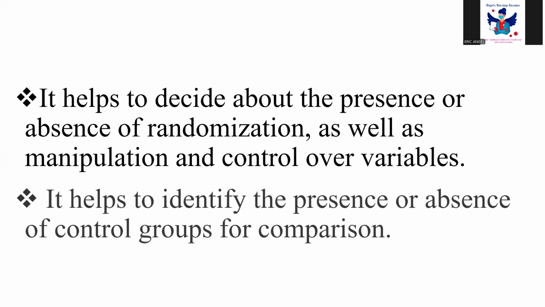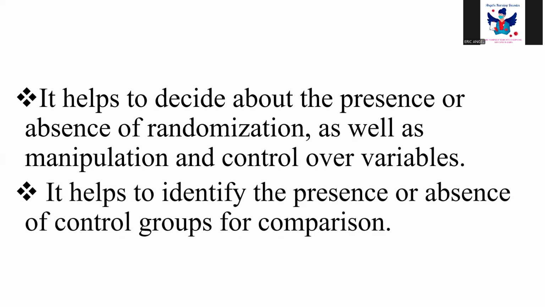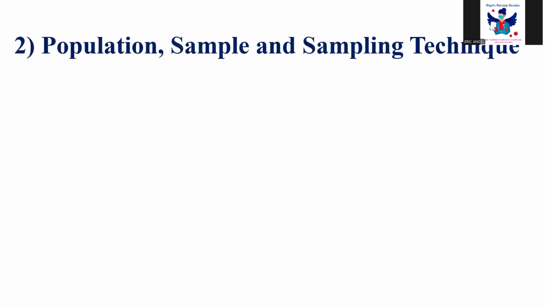In addition, it helps to identify the presence or absence of control groups for comparison. The approach of a research study depends on several factors, but primarily on the nature of the phenomena under study. At this stage of the research study, a conceptual framework may or may not be incorporated.